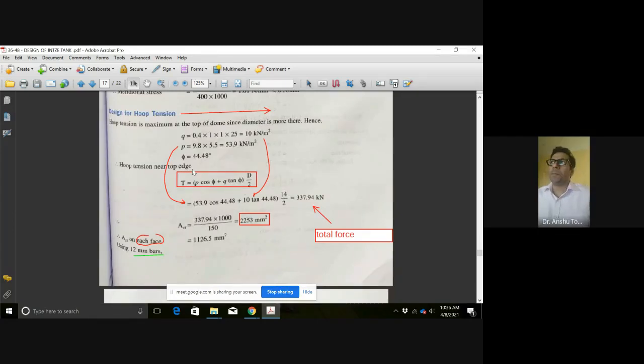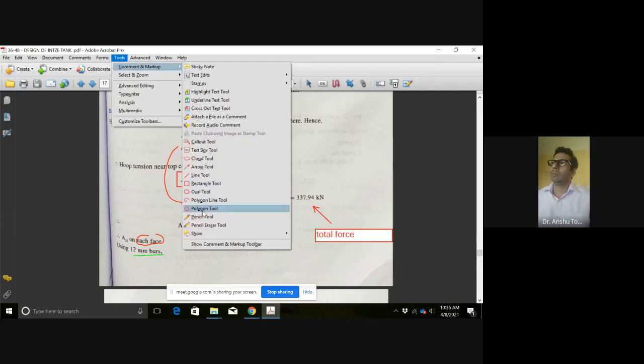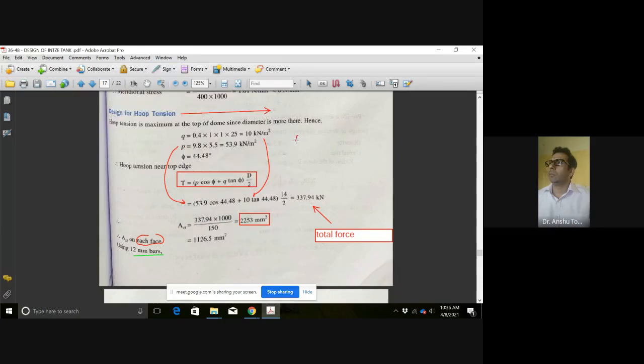Now in case of hoop stress, we will be finding out corresponding per meter run. That is, we will take a 1 meter block, 1 meter in this direction, one meter in this direction and 1 meter in this direction.